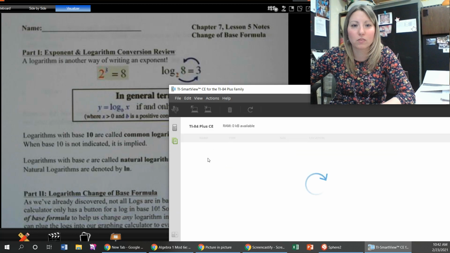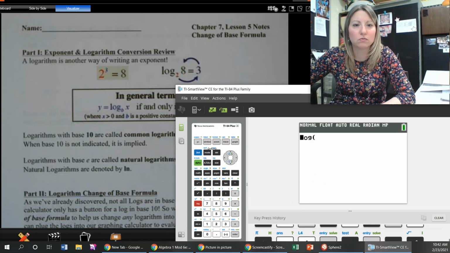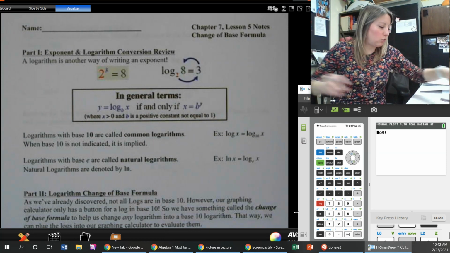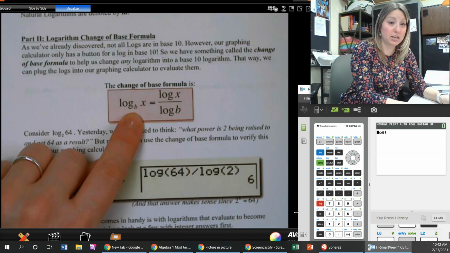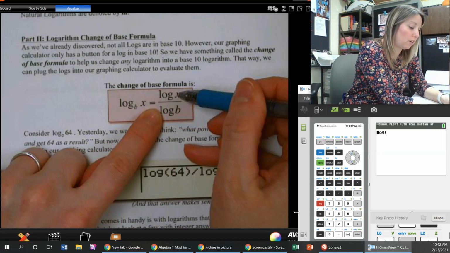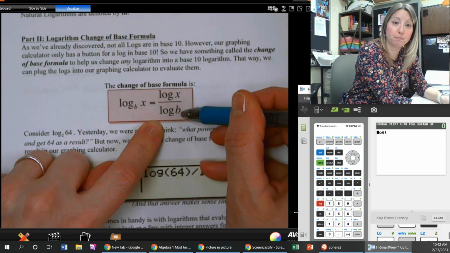So now let's use the change of base formula. Log to the base b of x is equal to log of x over log of b.